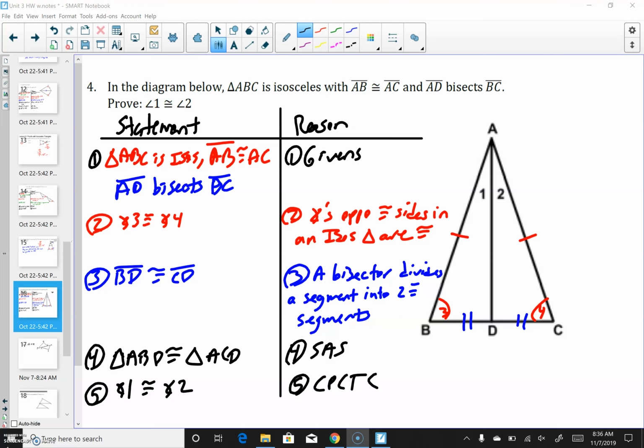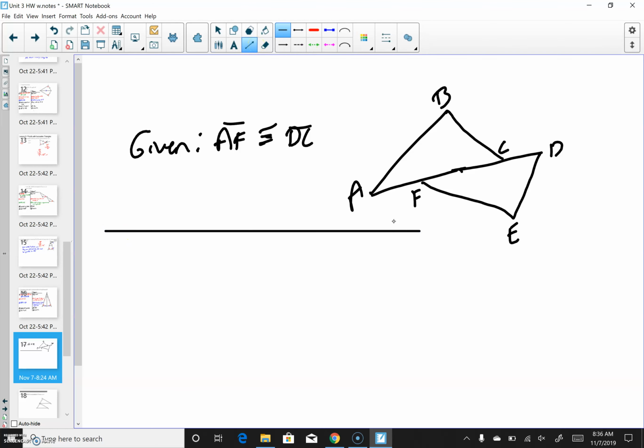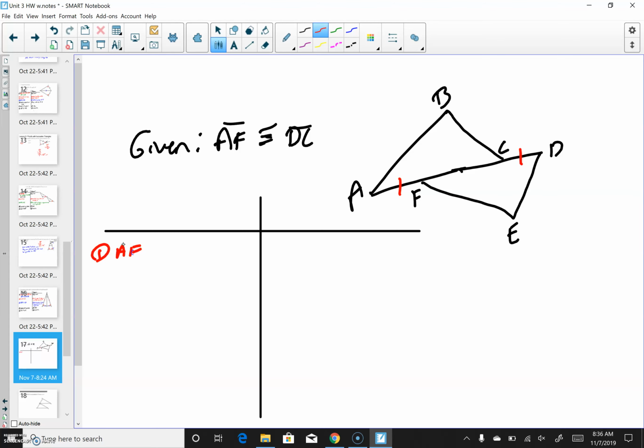As a little extension, I made an additional piece here just to show you how to do our addition postulate. So obviously there would be a lot more given to you in this problem if this was a full proof, but I just want to show you how to do the addition postulate part. So they like to give you pictures that are slightly overlapping like this, and then they tell you that one piece of it is going to be congruent, and it's usually that little piece from there.